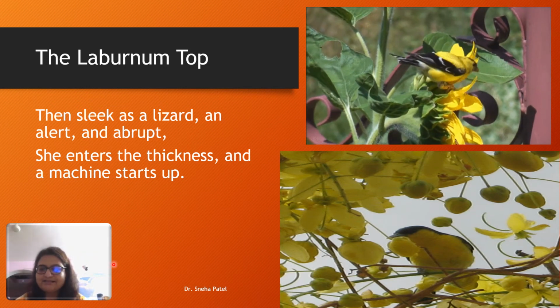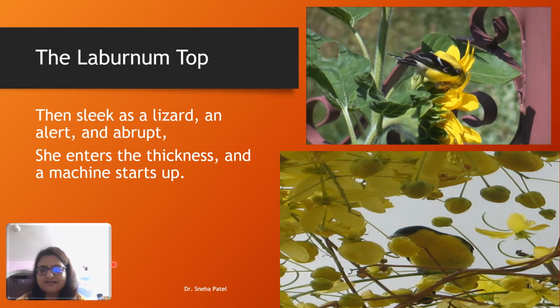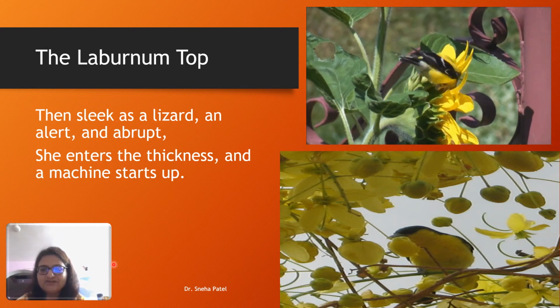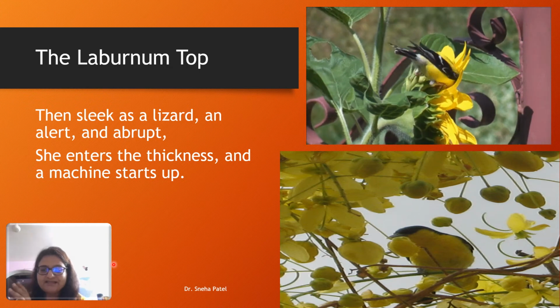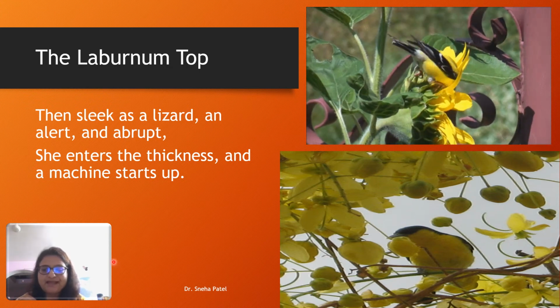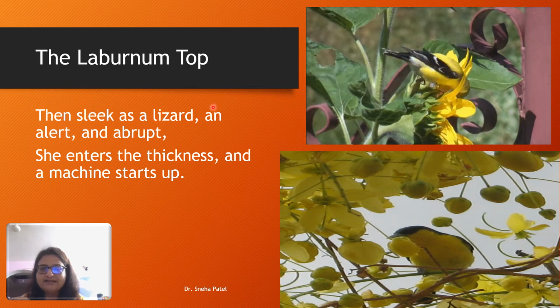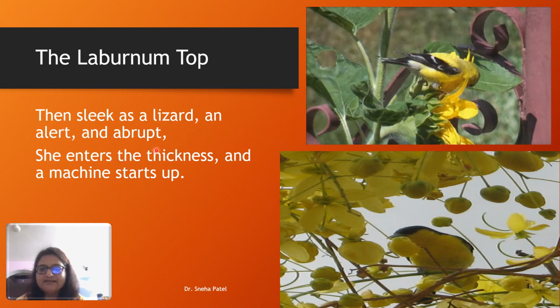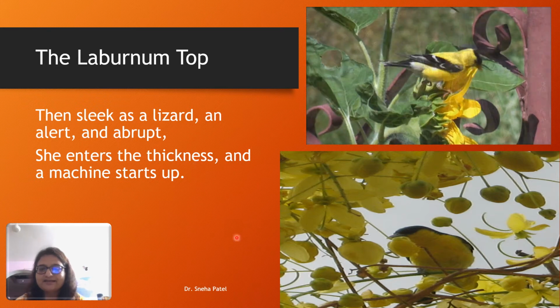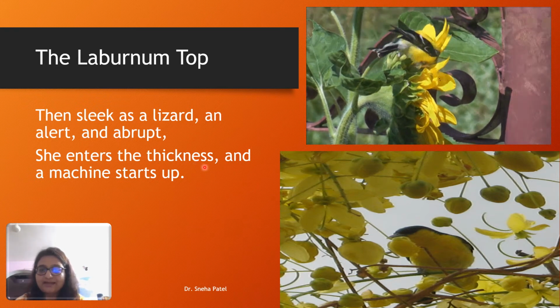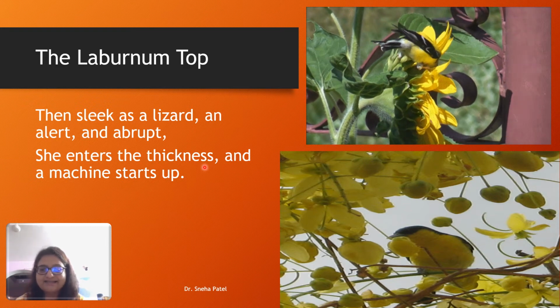As soon as the goldfinch sits on the branch of the tree, it starts chirping. And then what does she do? Like a lizard, she enters into the thickness of the tree. What is her destination? It is her nest.